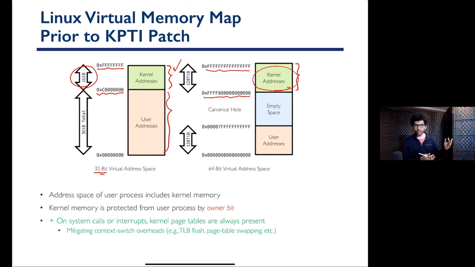Then let's say I context switch to another user, and that other user is going to fill up the TLB. And again, I run a system call handler, and again, I have nothing in the TLB. So every time I run the system call handler or interrupt handler or anything with regard to the kernel, I'm going to be missing in the TLB.